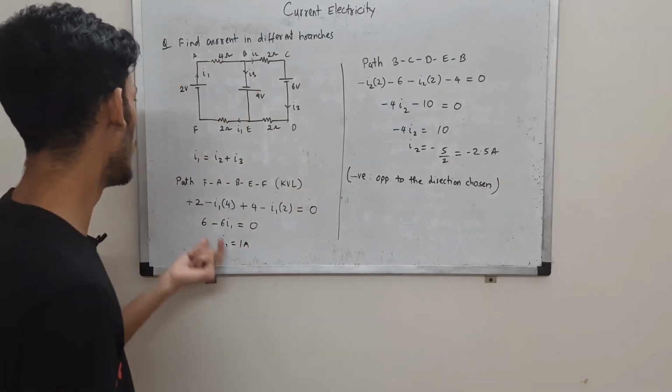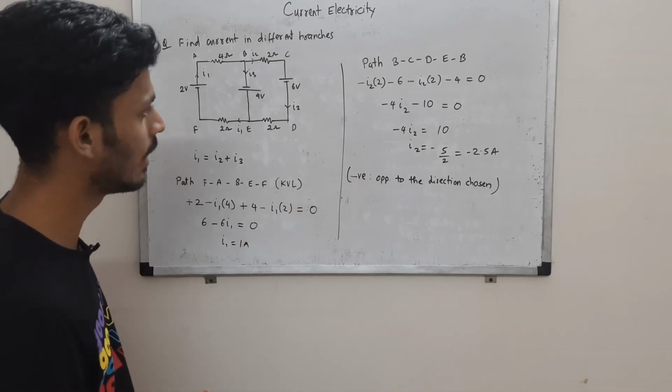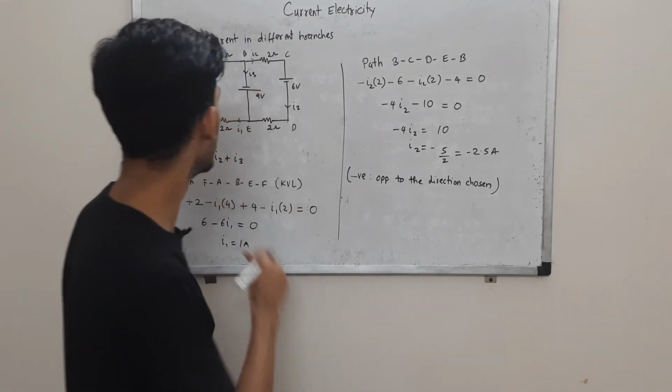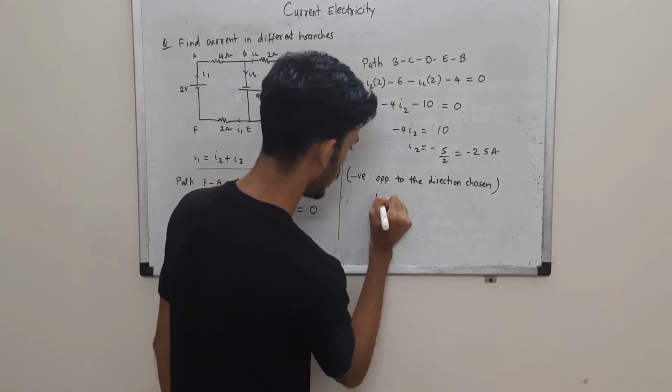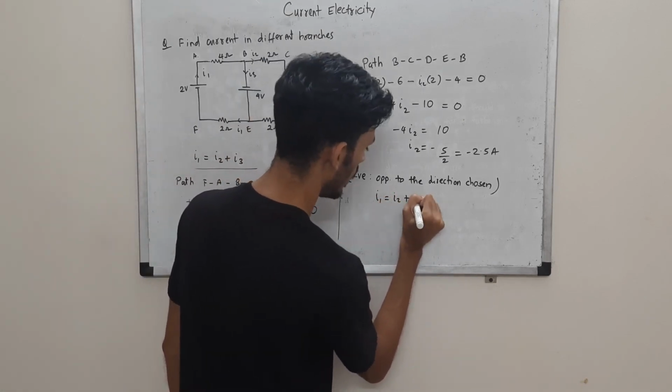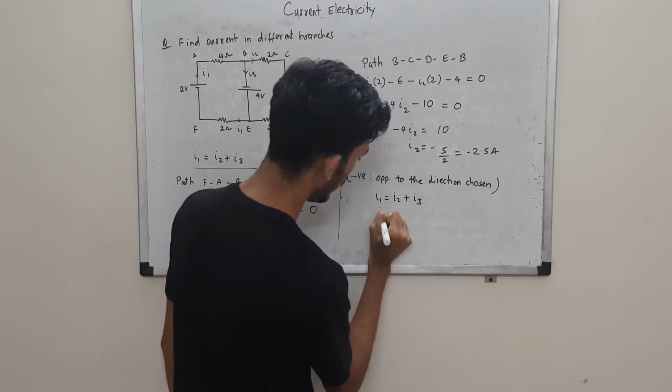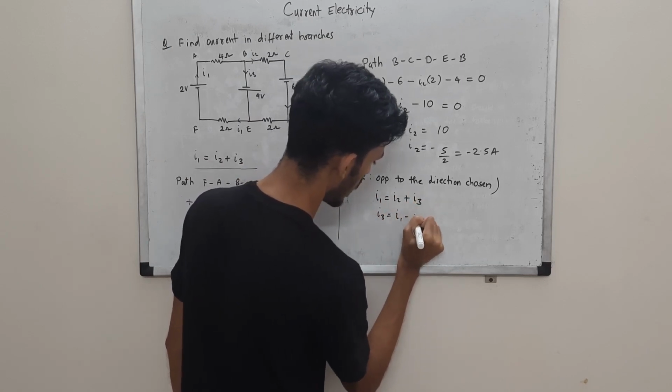Now you have I1, and you got I2. You can easily find I3 from here. I1 is equal to I2 plus I3, so I3 will be I1 minus I2.